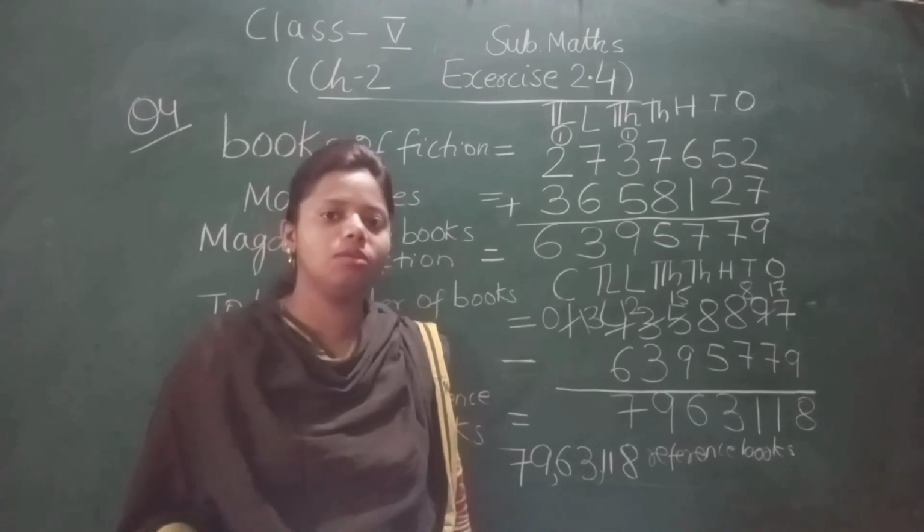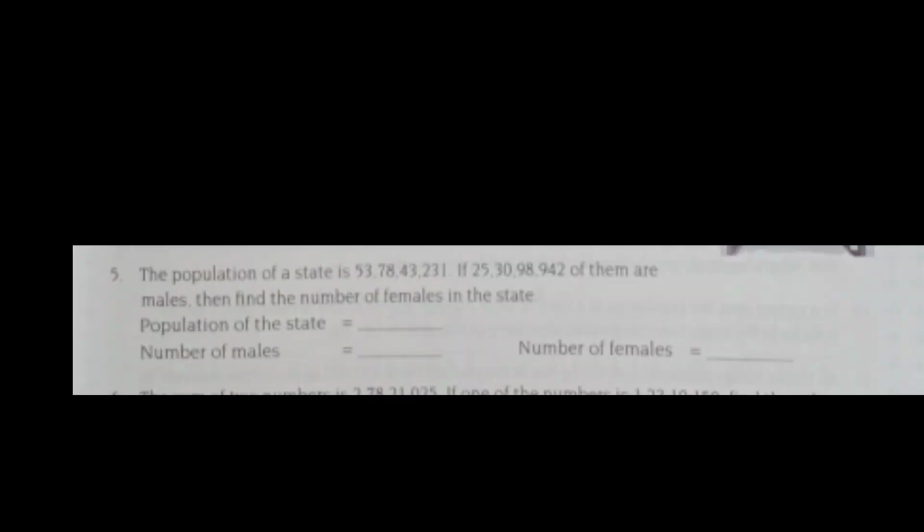Now let's see question number 5. Question number 5 is: the population of a state is 53 crore 78 lakh 43,231. If 25 crore 30 lakh 98,942 of them are males, then find the number of females in the state.